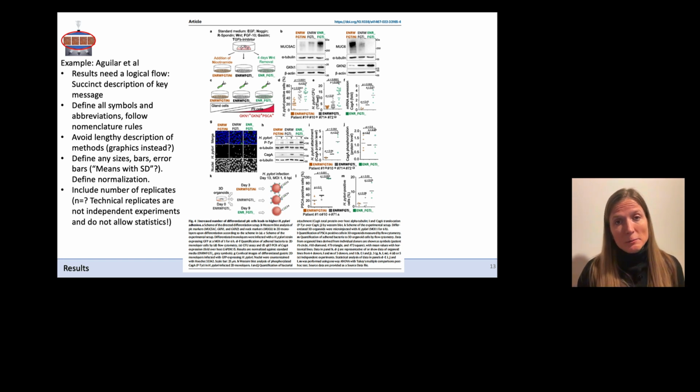Include the number of replicates, n. A technical replicate: so imagine you do a qPCR and you pipette the qPCR in 3 wells. You may have 3 results from your qPCR, but the original cDNA that you did this on came from the same RNA.